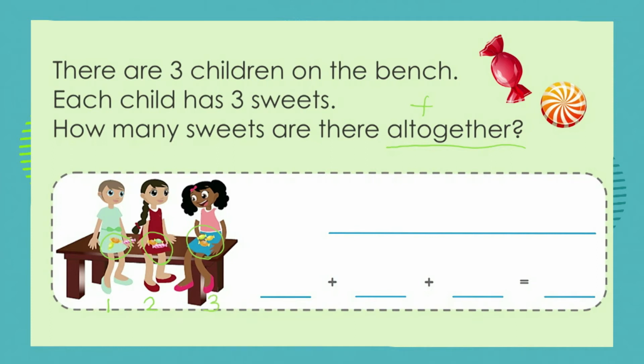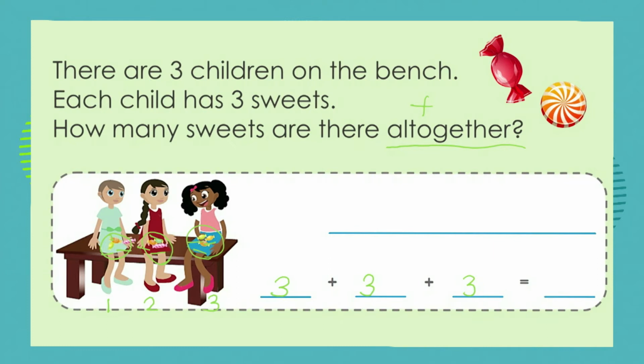So the first one has 3 sweets. The second one also has 3 sweets. And the last one also has 3 sweets. So let's count how many we have all together. We have 1, 2, 3, 4, 5, 6, 7, 8, 9.